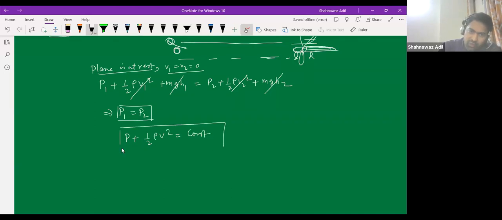So if you increase the velocity, keeping this thing constant, what should happen to this pressure? Yes, guys.